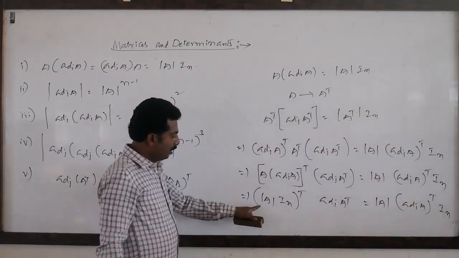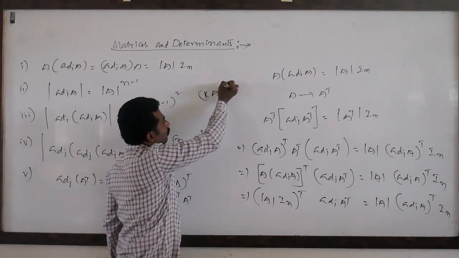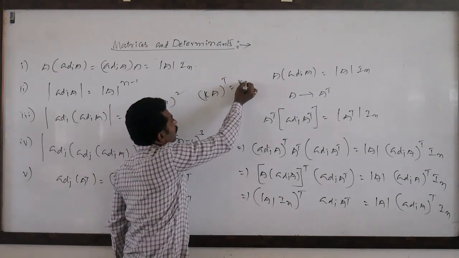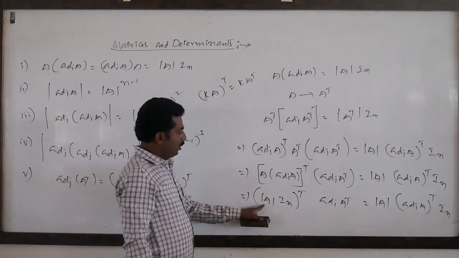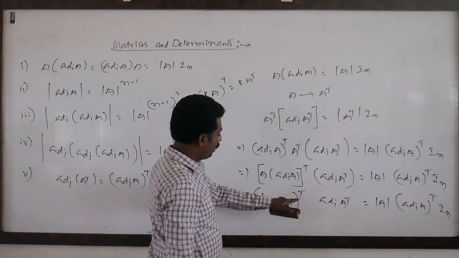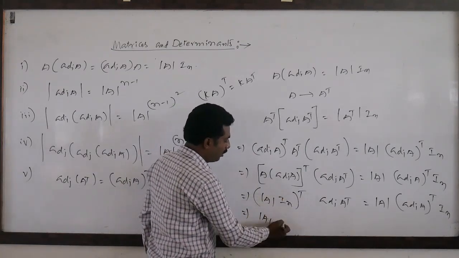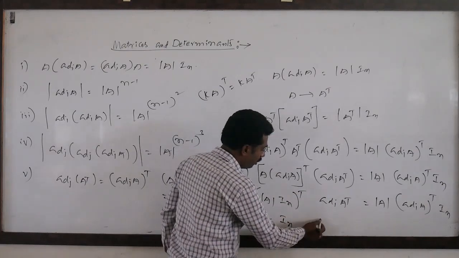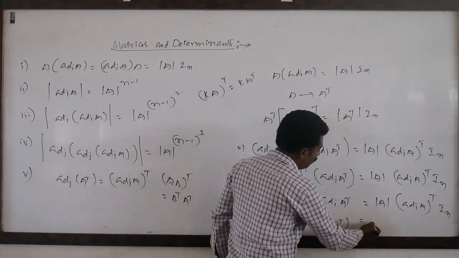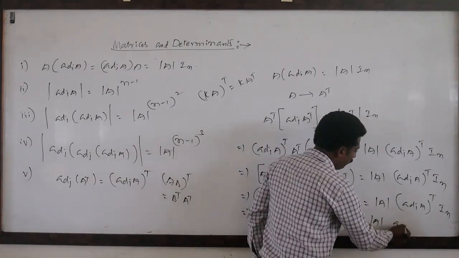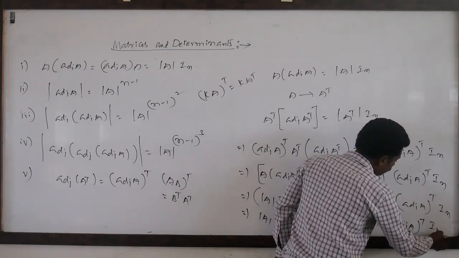See here, K A whole transpose means K into A transpose we can write. So K A whole transpose is nothing but K, determinant of A, and In whole transpose is nothing but In. So this is adjoint of A transpose equal to determinant of A into adjoint of A whole transpose into In.